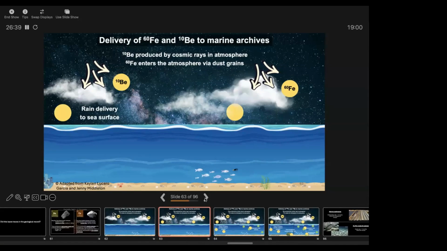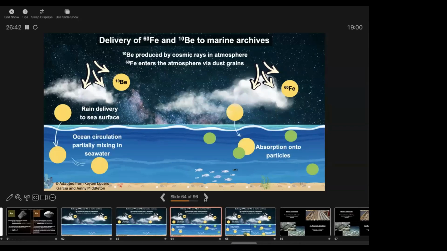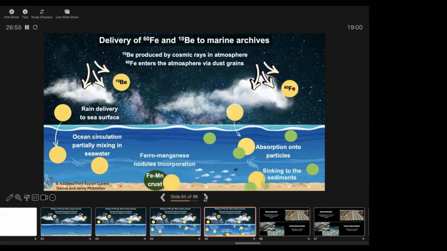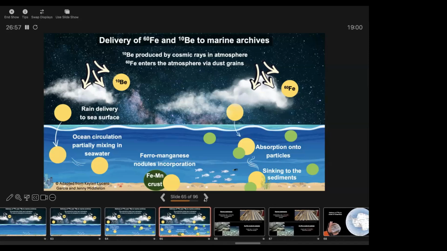Then you have some ocean circulation going on, and these atoms of iron-60 and of beryllium-10 just get mixed with the water. Some of them are absorbed into particles, and then they deposit into geological records. And then you have some geological expedition, and essentially they dig these sediments out of the ocean floor, then they study these sediments.